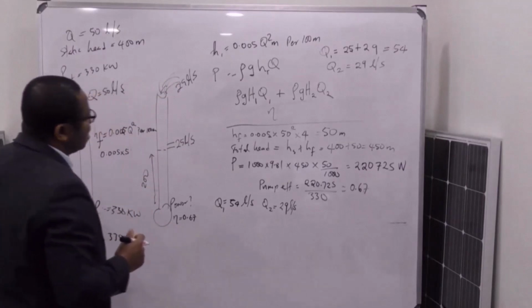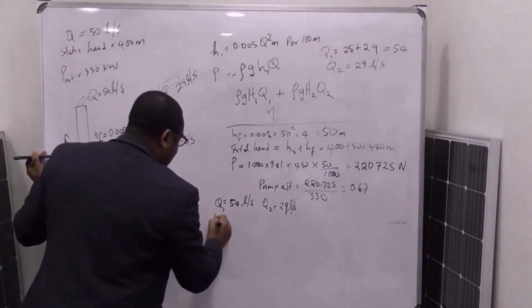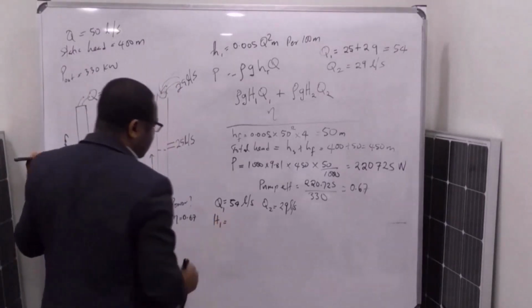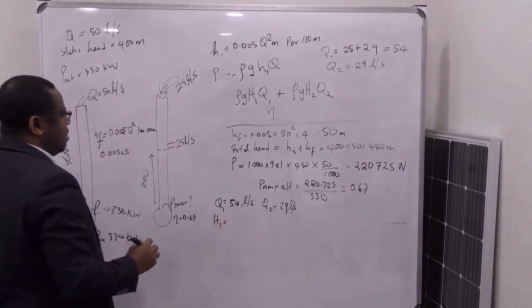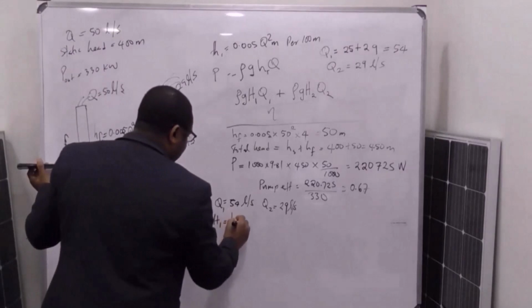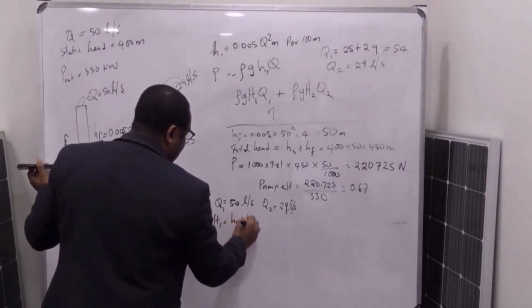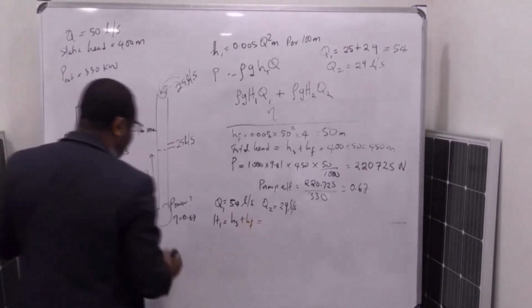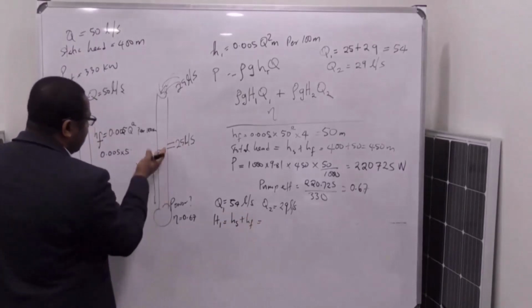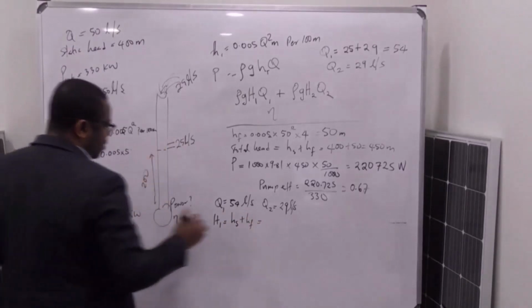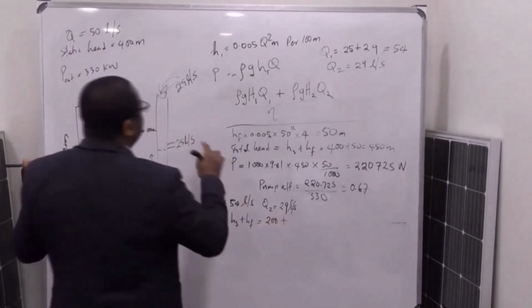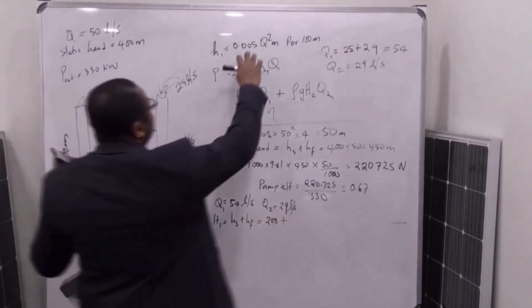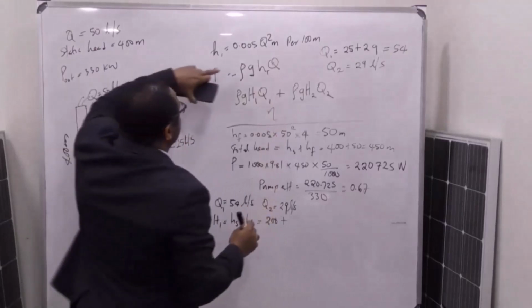All right. So let's calculate H1. H1 is the same thing as H static plus H friction. The static from here to here is 200. So 200 plus H friction, and H friction is this per 100 meter.